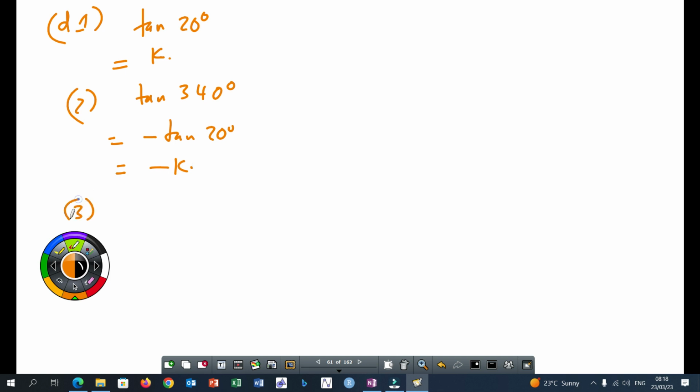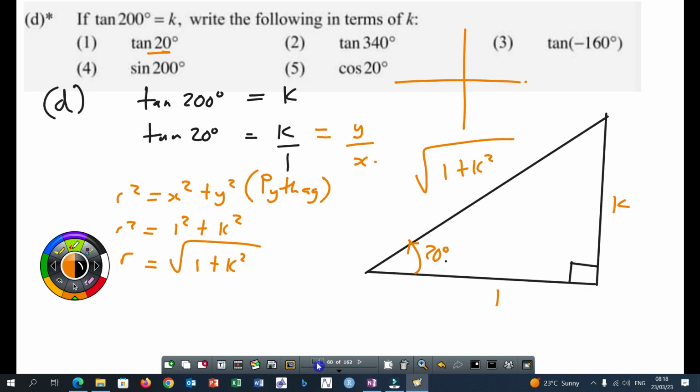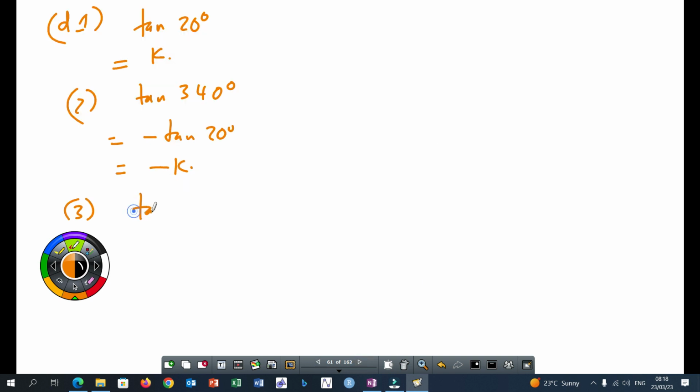Then, number 3, we have tan minus 160. In which quadrant is my minus 160? It's in the 3rd quadrant.